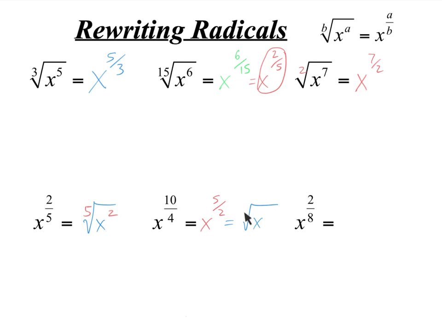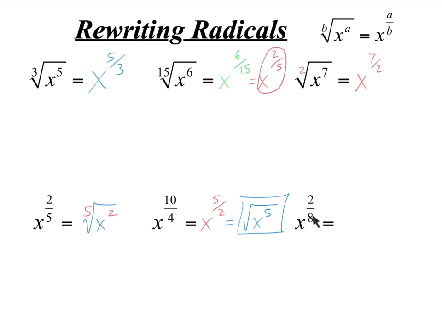Do I have to put a 2 there? Could you? Yes, kind of awkward, but you could. The 2 does go there, but it's a square root, so you don't need it. But the 5 does have to go there. So that would be your answer for that one. You had an extra step because of the reducing, and then that is a square root. You could put a 2 there.